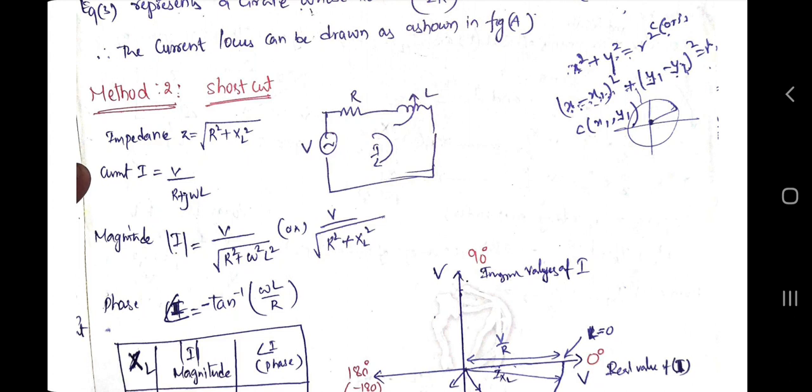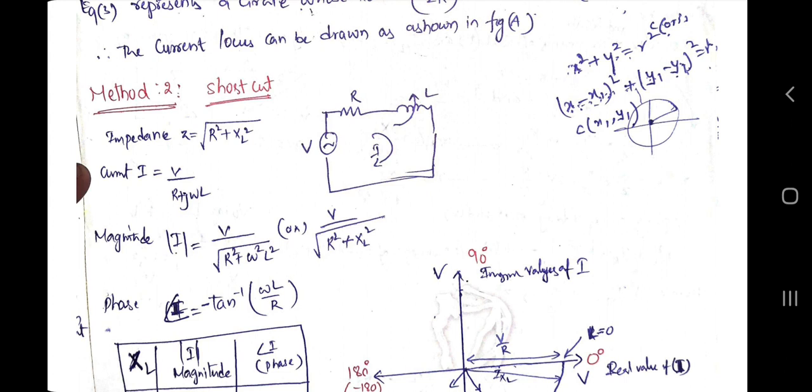That is the resultant equation, where the center point is x1 comma y1. Now method 2, the impedance, we already know root of r square plus xl square, and the current is V by the impedance r plus j omega L, which is called Z generally.